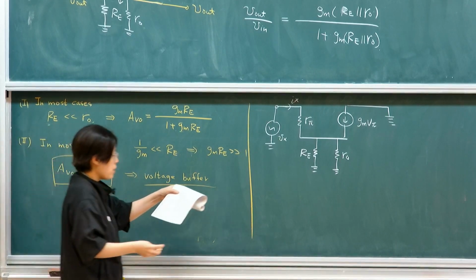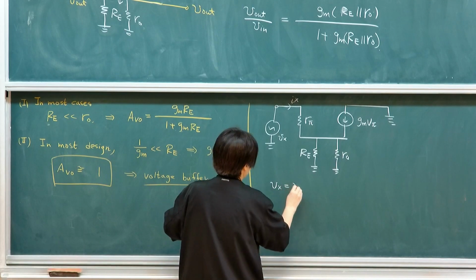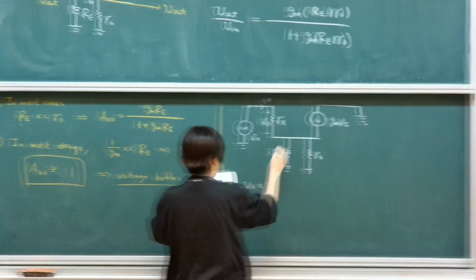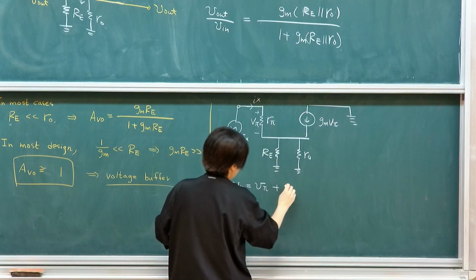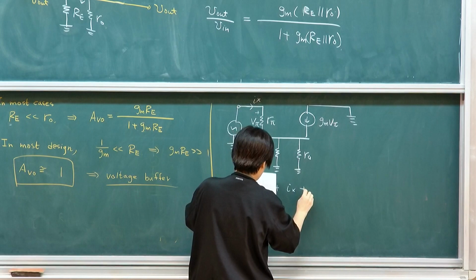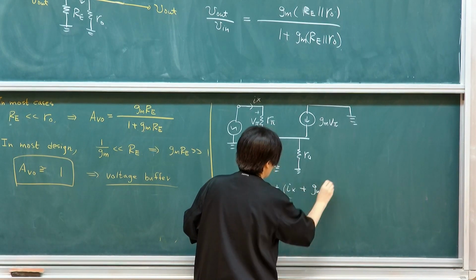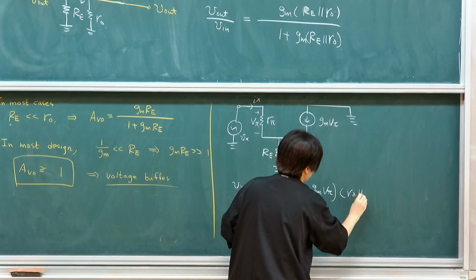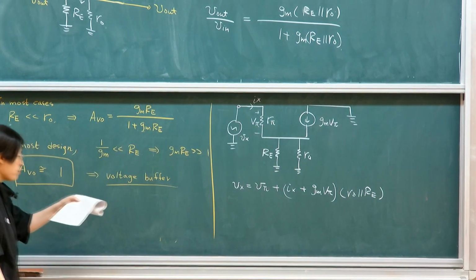We can actually do the exercise, but let me just write down. The Vx will be V pi, this is V pi, plus the output resistance times Ix. This will be the current coming down: Ix plus GmV pi. That will be the overall current going down through this network, RO in parallel RE. Okay?